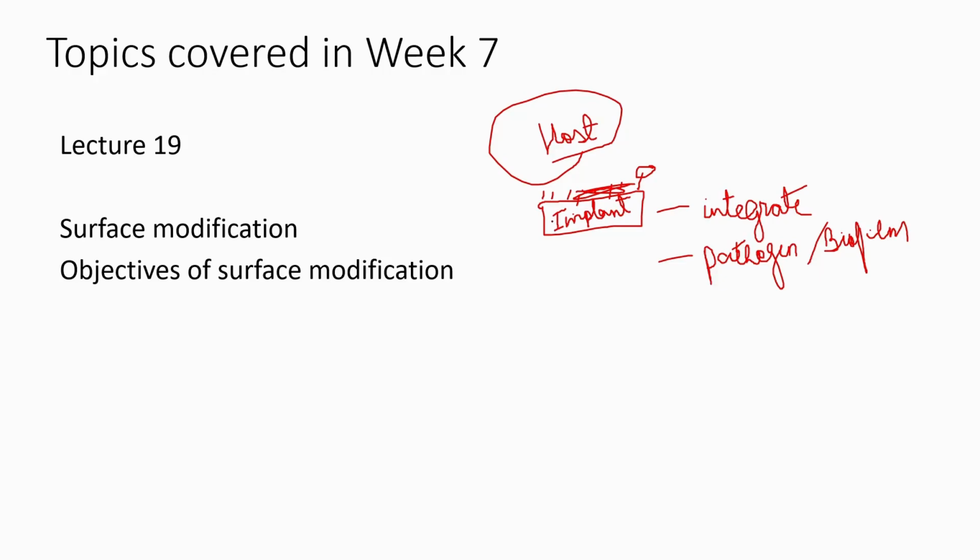So there are several objectives of surface modification. First, decreased bacterial attachment, or reducing bacterial adhesion to the surface. Several antimicrobial agents were used earlier, such as silver, but this can also lead to some toxicity.